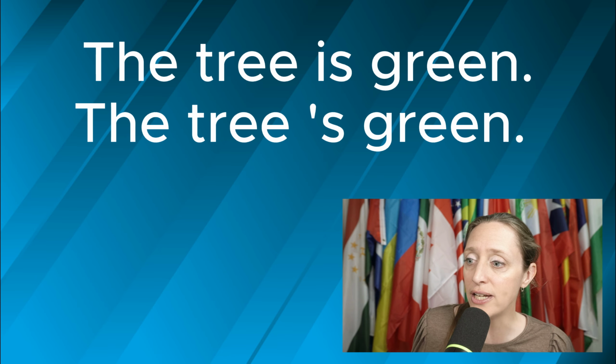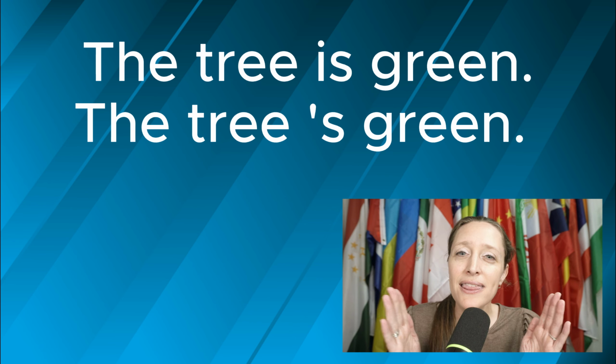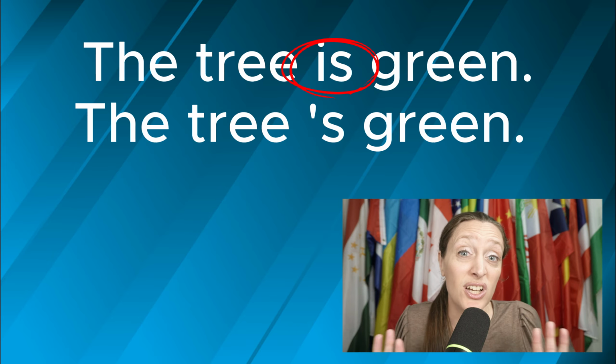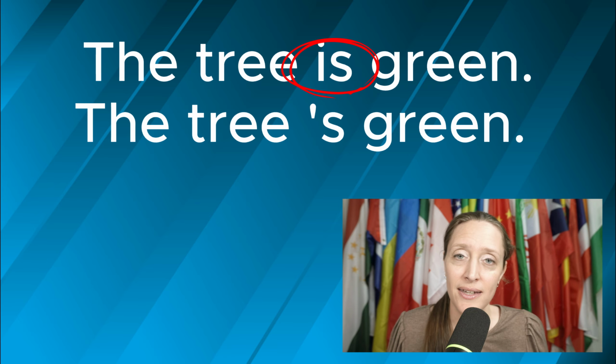What color is that tree? Oh, the tree's green. And we make the word is into a contraction with almost anything else. Now remember, that's not grammatically correct, and we cannot write the sentence like that. But that is the way people say it.